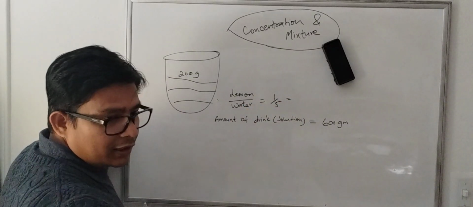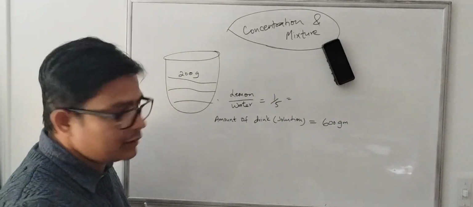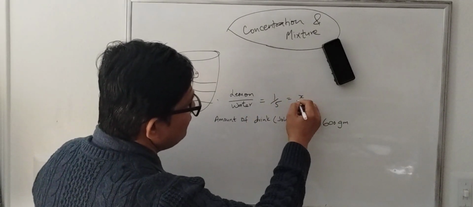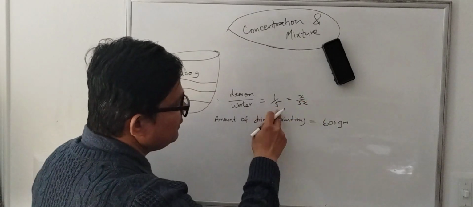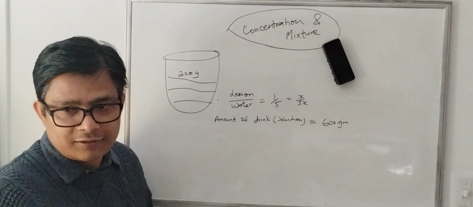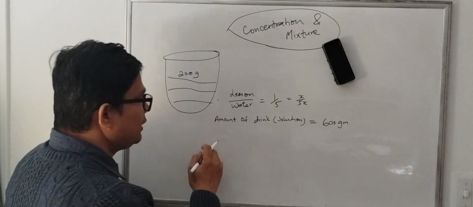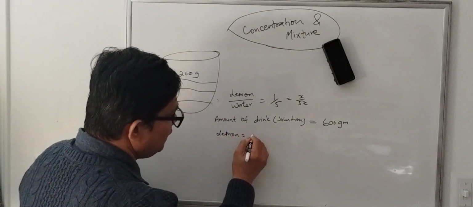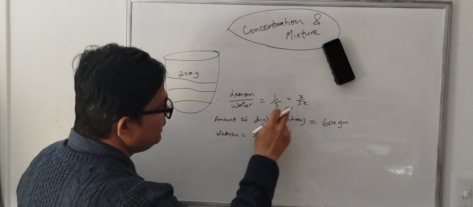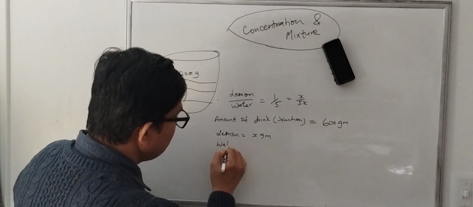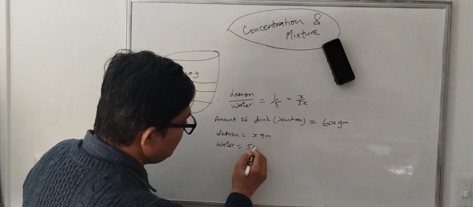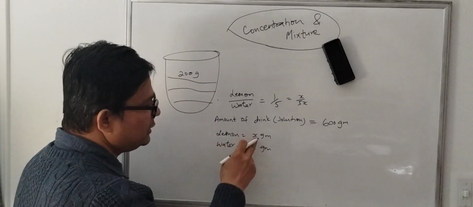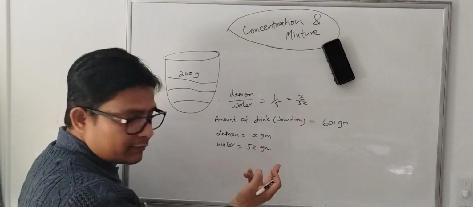This is the ratio, and you learned that if this is 1/5, then if I multiply by x, x divided by 5x will also be the same as 1/5. Yes or no? Okay. So let's say lemon is x gram. If lemon is x gram, water will be 5x gram, correct? Because the ratio of lemon to water is x divided by 5x, which is 1/5.